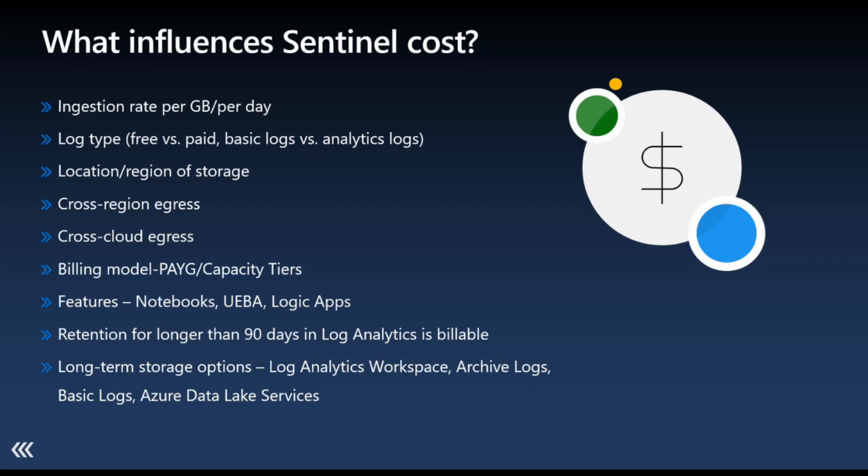Are you pulling in from a Linux environment and you have to do syslog forwarding, or do you have to do transforms? A variety of other things can actually increase the complexity of a Sentinel environment, as well as influencing the cost of the overall management.